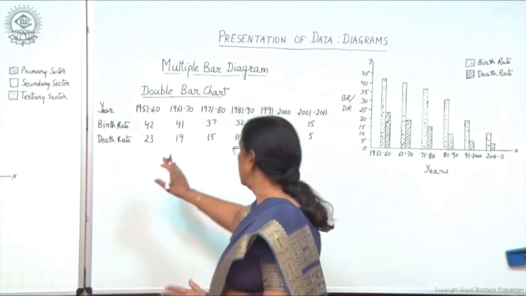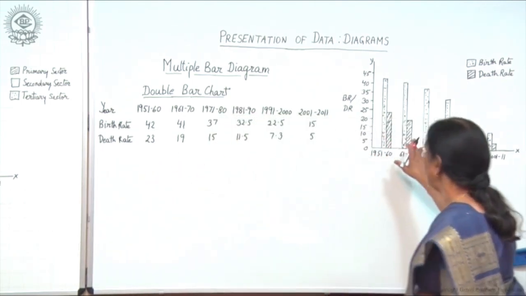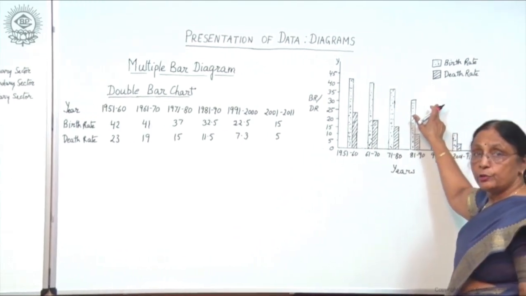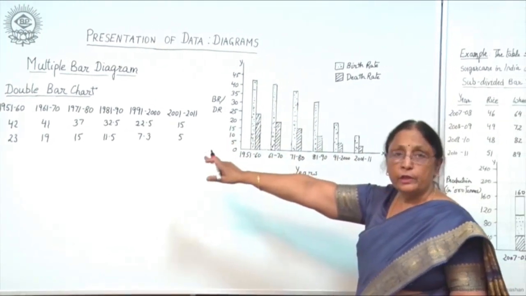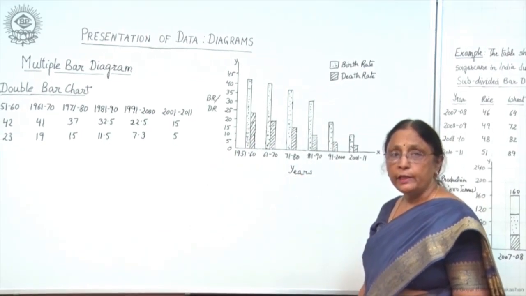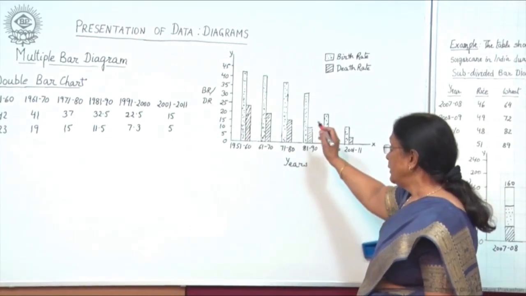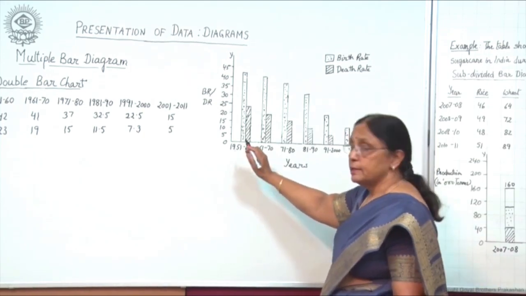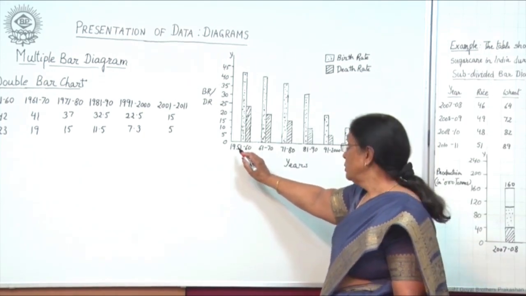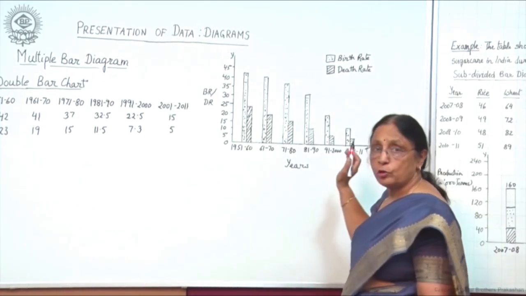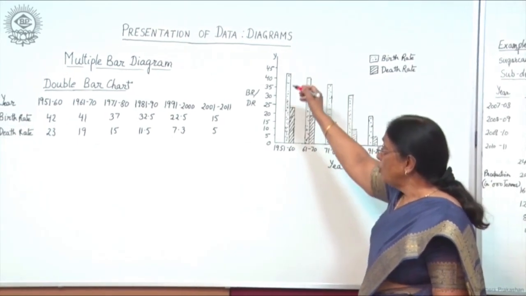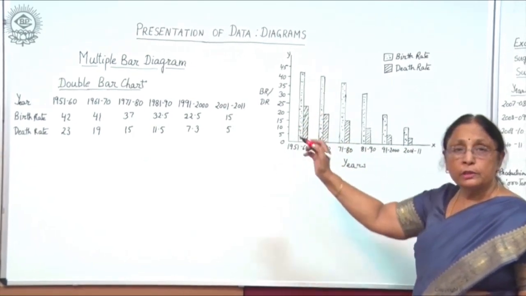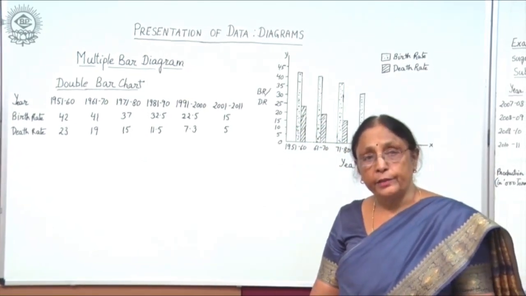Now let us take this example with the help of the diagram. Here you see the diagram I have given. This is on the basis of the data of birth rate and death rate. Here again, as in the simple bar diagram I told you, on the OX axis, that is the horizontal axis, we will take the years, and the OY axis shows birth rate and death rate.